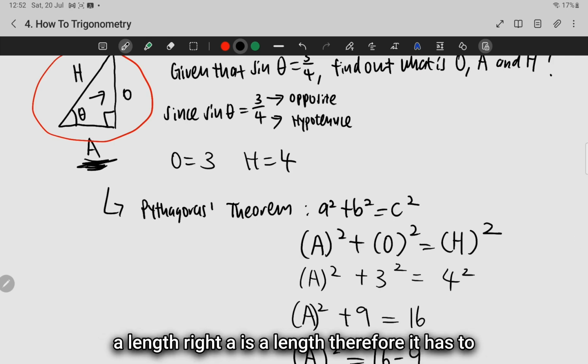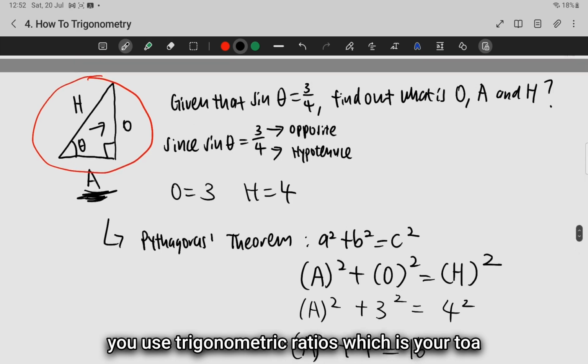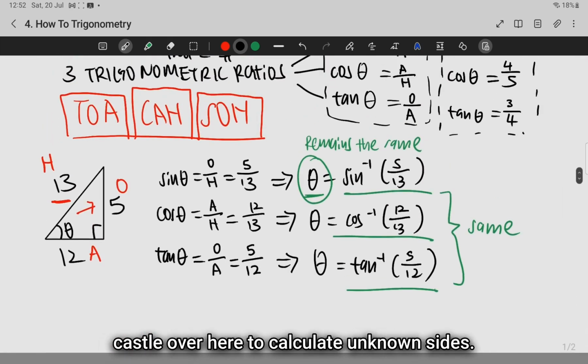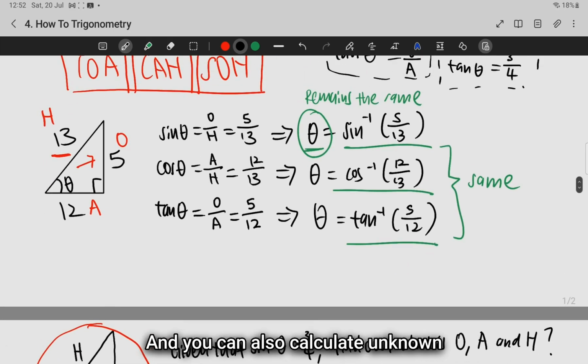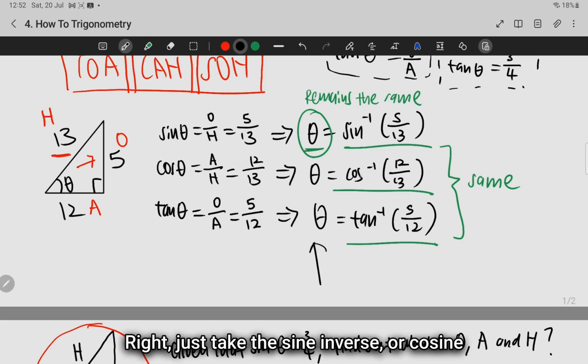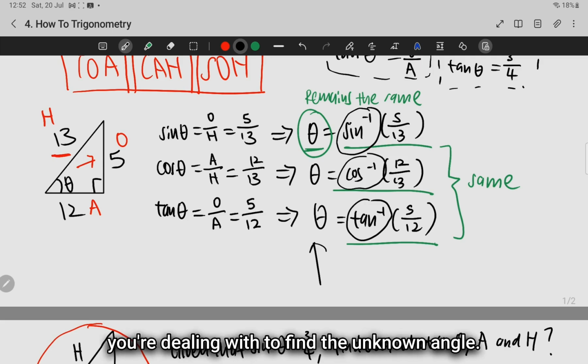A is a length, therefore it has to be positive. It can't be negative. And that is how you use trigonometric ratios to calculate unknown sides. And you can also calculate unknown angles using this. Just take the sine inverse or cosine inverse or tangent inverse with whatever you're dealing with to find the unknown angle.